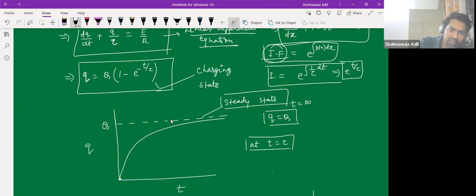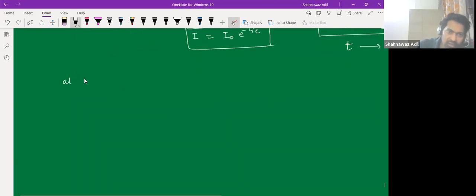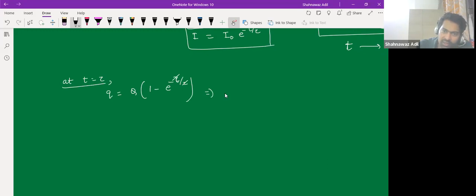The charge is Q times 1 minus e to the power minus tau by tau, which is Q times 1 minus e to the power minus 1. So this is Q, and 1 minus e inverse is 1 minus 1 by e. So this would be how much?